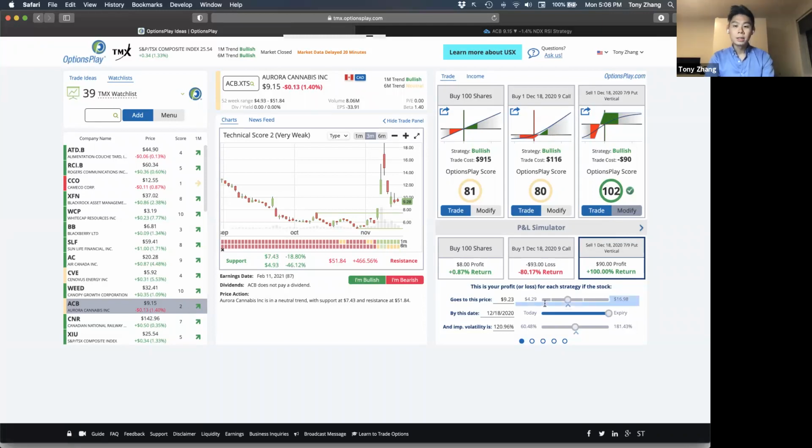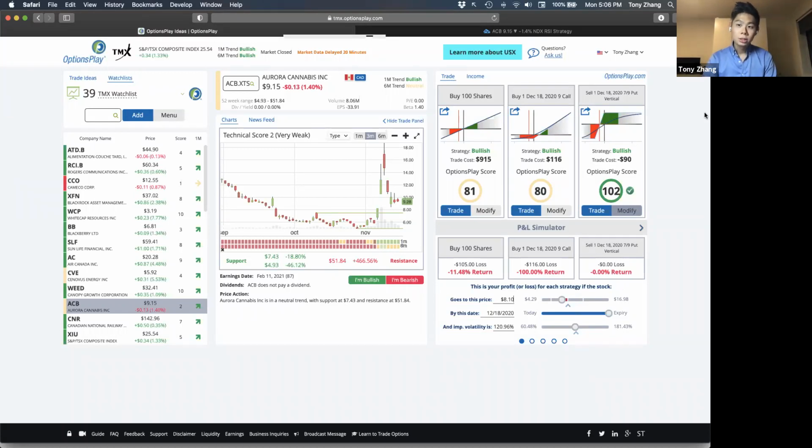So even if the stock goes to 0 before expiration, as long as it ends up above $8.10 by expiration, it doesn't really matter what happens between now and expiration. As long as at expiration the stock is above $8.10, you will be profitable on this trade.